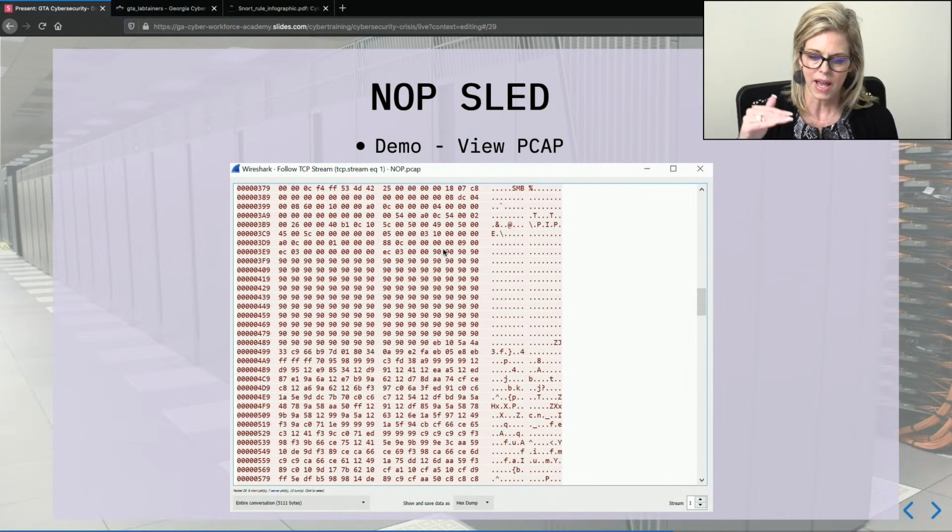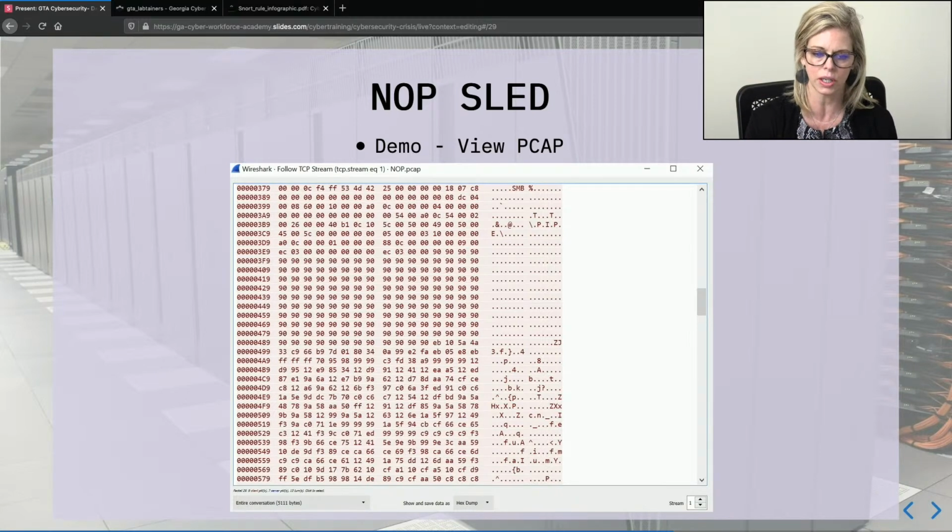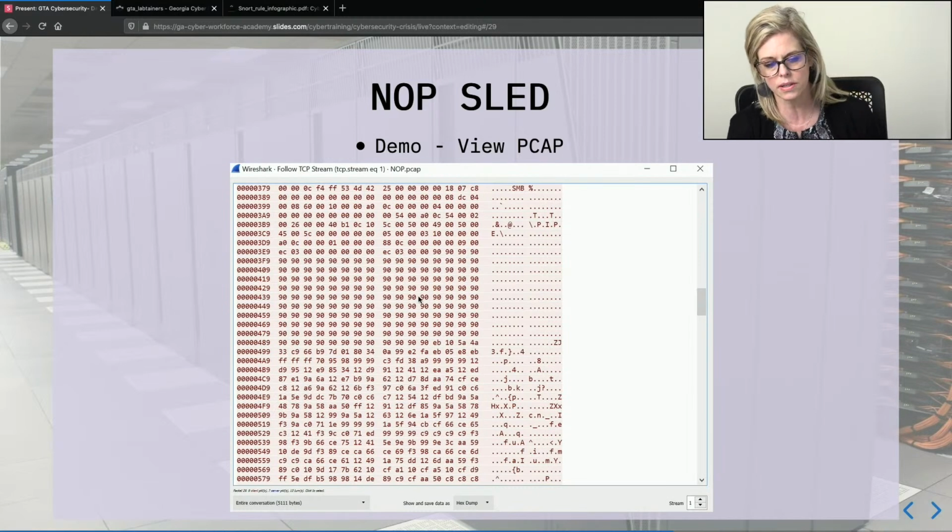The reason they call it a SLED is that it's a downward slide to execute these no operations, which tells the machine instruction, do nothing here, move on to the next operation. It sees that again and again, a downward slide until we get to where the attacker has hidden his malicious code.